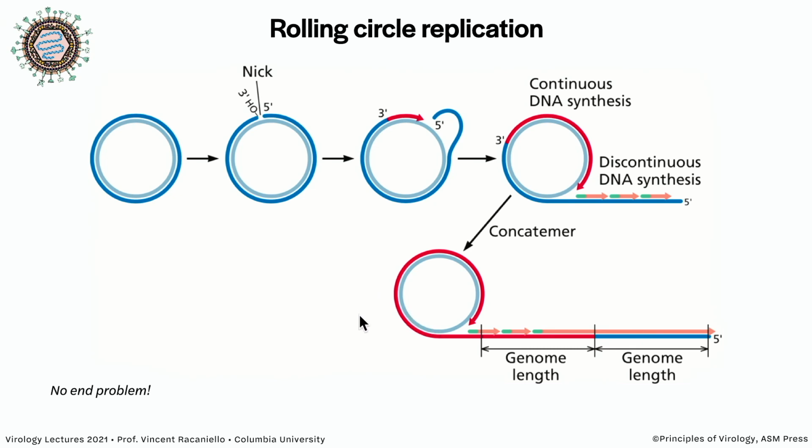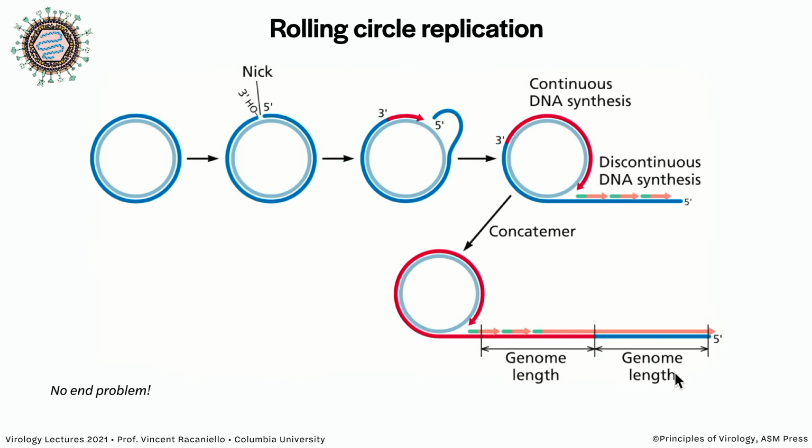I suppose the very last one would have an end problem, but you'd make many, many copies before you got to that very last one. So the end problem is solved in this case by this rolling circle mechanism where you make very long concatamers, as we call them, many genomes copied together, and the replication occurs on that.